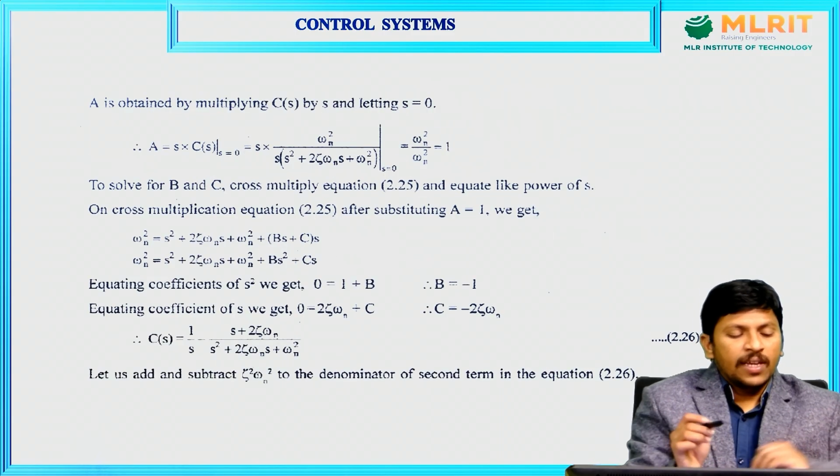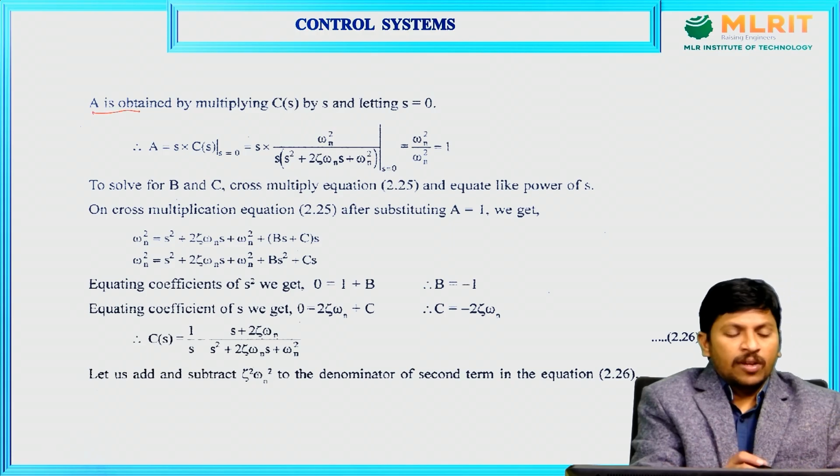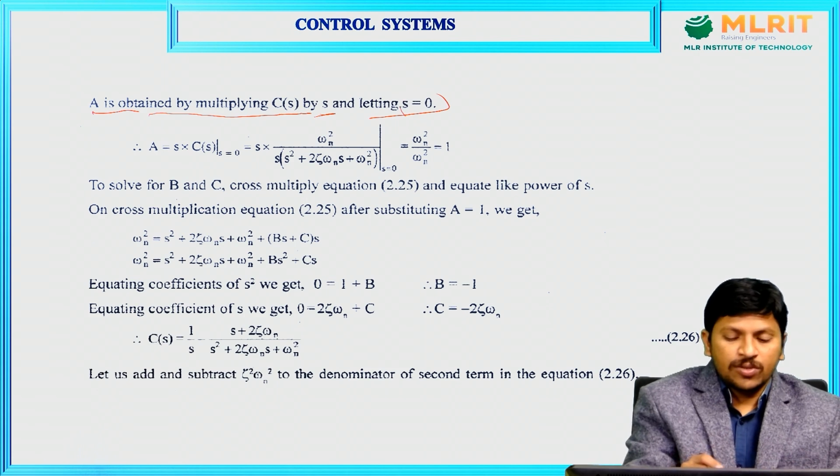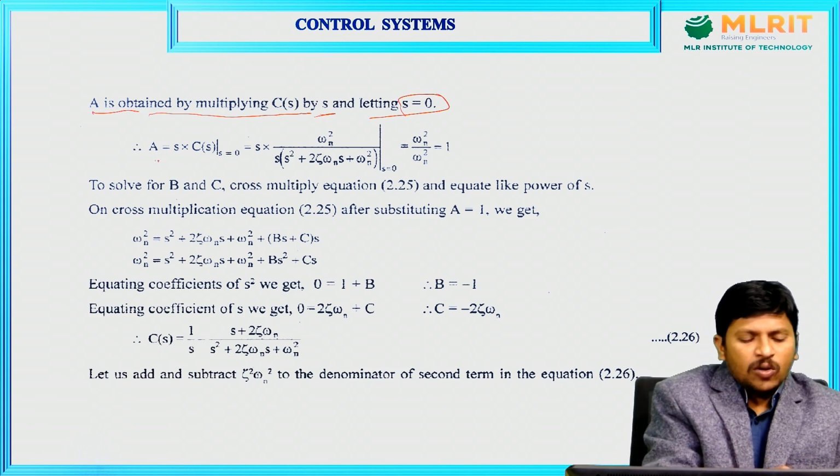A is obtained by multiplying C(s) by s and letting s equal 0. So A equals s times C(s) with s equal to 0.